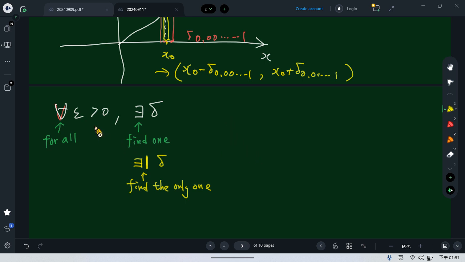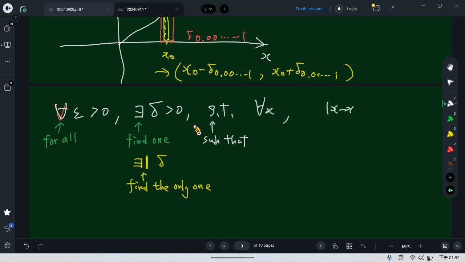Okay? So for any epsilon, positive epsilon, I always can find a positive delta such that for any x, if the distance between x and x0 is less than delta, then I always can get the distance between f(x) and L less than epsilon.